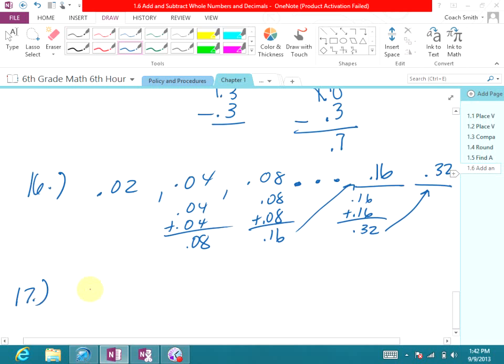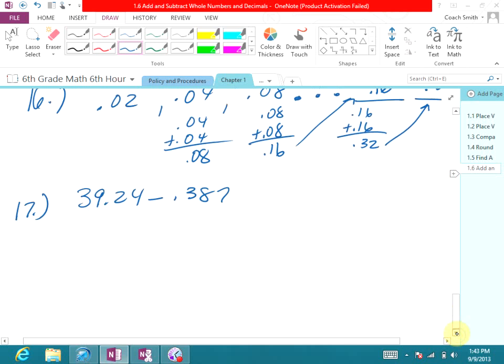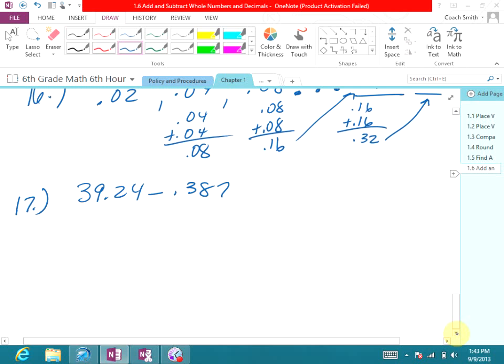So here's what they want. They want you to take 39.24 and subtract 0.387. Okay? And then at the end, you're going to have this. Like that. We've got to add a 0 to the top number because it's behind the decimal. And that gives me, borrow from that, make it 3. Borrow from that, make it 1, make that 13.